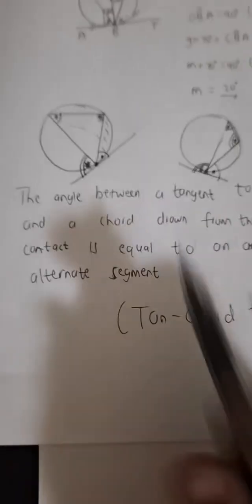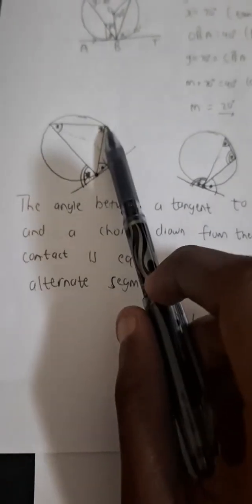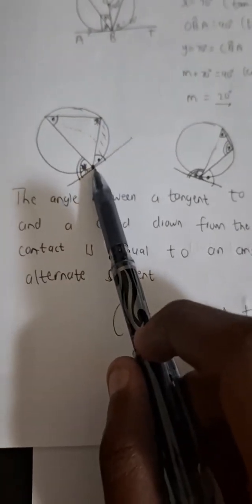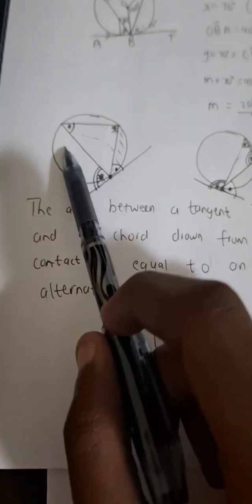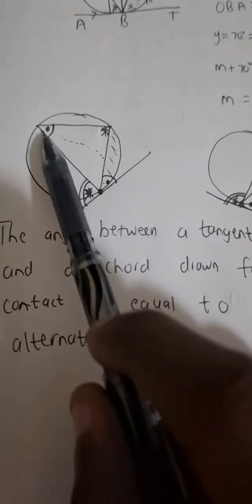Then the theorem that we looked at before tangents from the same point was the tan-chord theorem. We learned that the angle formed by a tangent and a chord at the point of contact is equal to the angle in the alternate segment, in other words, the angle subtended by that very same chord.